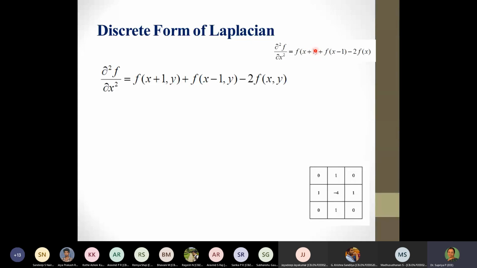Everywhere, in addition to x plus 1, you will be adding the variable y so that it becomes equivalent to a fixed y, because y is not contributing to the differentiation. Just like what we have seen for the central difference, we have just added y everywhere to what was available for a 1D, so that we call it a 2D.